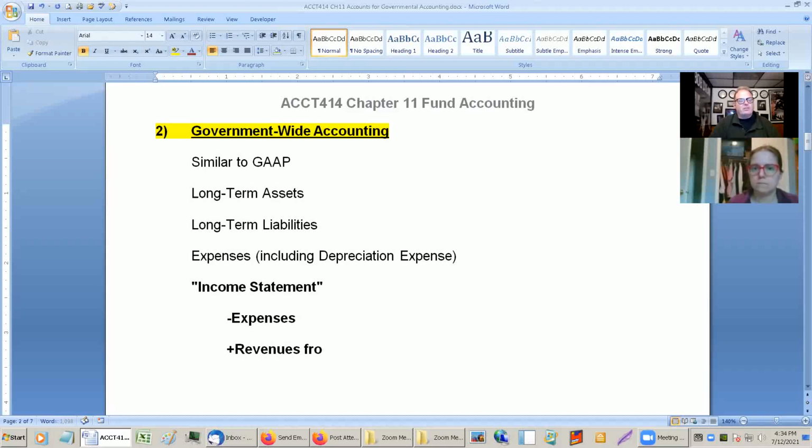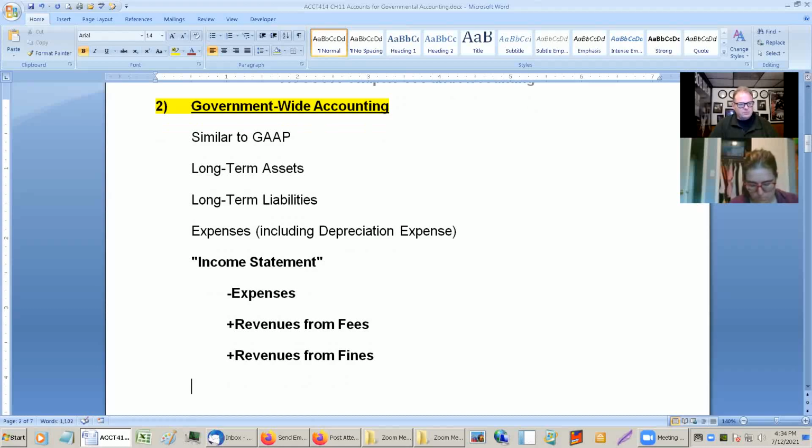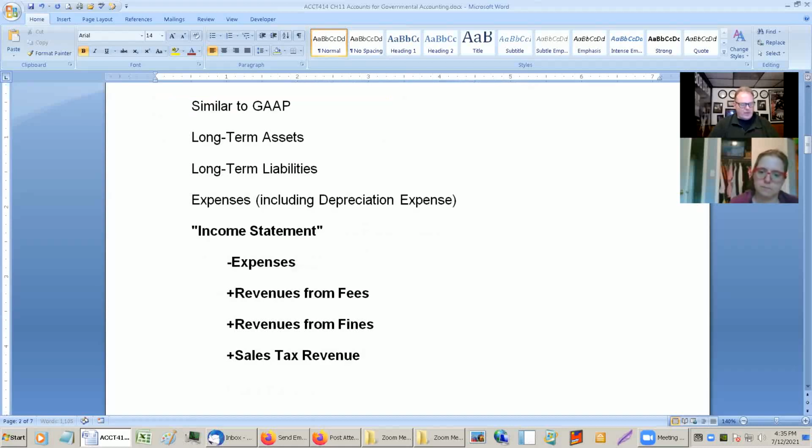Let's say we'll have revenues from fees, revenues from fines, sales tax revenue, and grants.